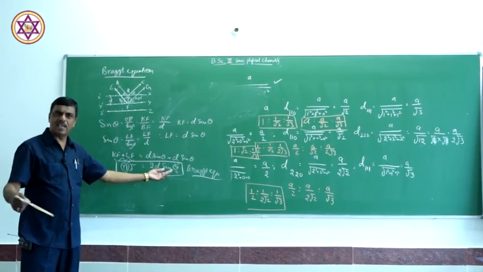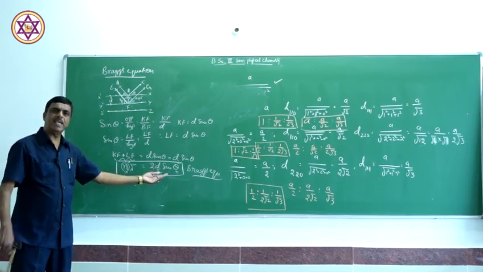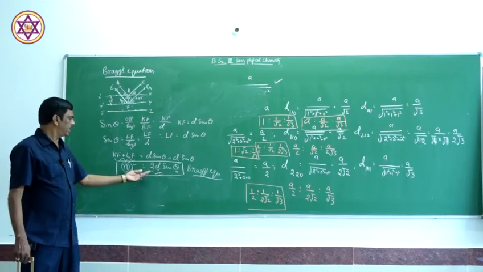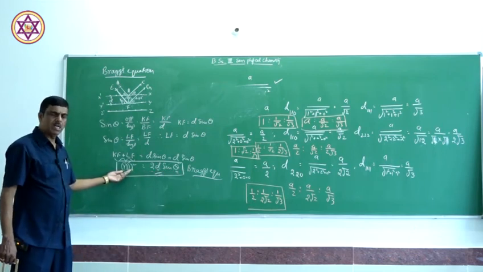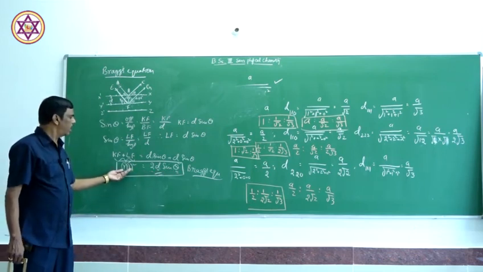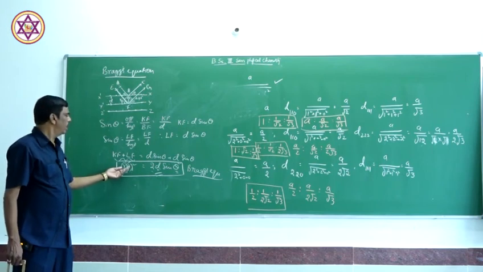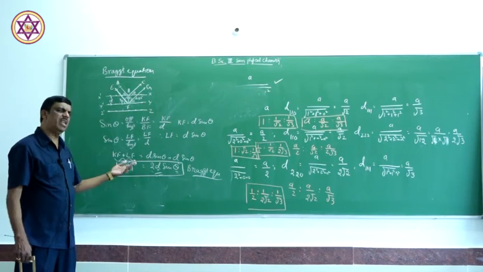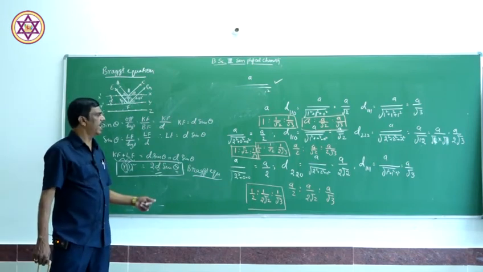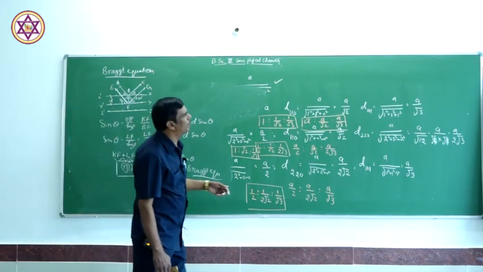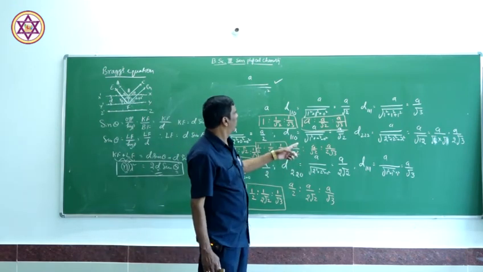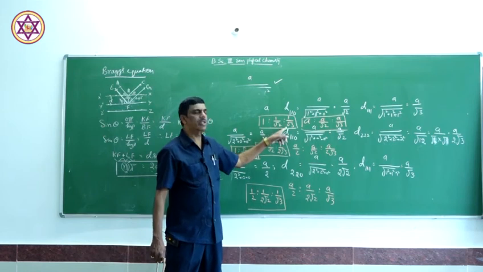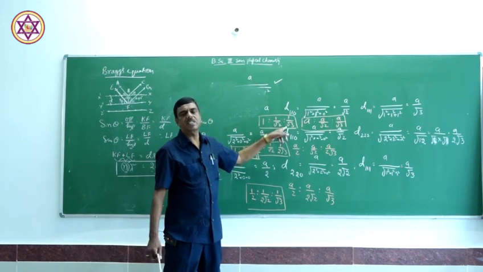You change the incident angle, and when a bright spectrum is obtained, that is called the first order reflection. You take the interplanar distance of first order reflection in three different directions by changing the angle theta, and if the ratio is 1 is to 1 by root 2 is to 1 by root 3, the structure is simple cubic.